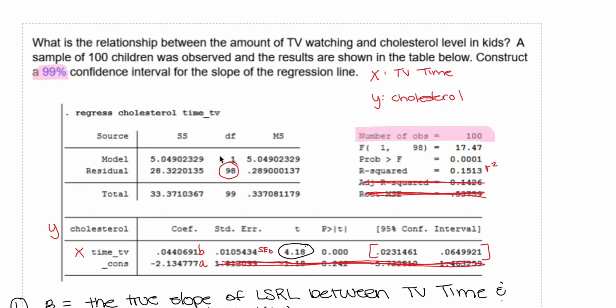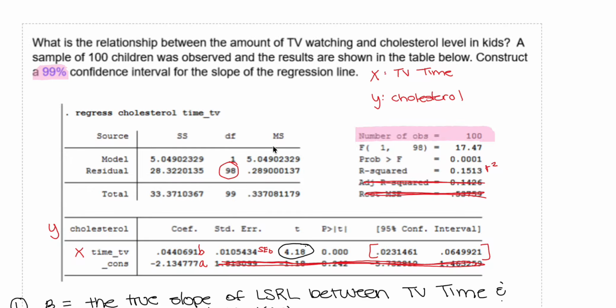Well, first of all, we know that this is an LSRL, meaning this is a linear model, meaning the format for this will be y equal to mx plus b. Therefore, we will definitely use our SS. That's definitely useful. That's model and residual.